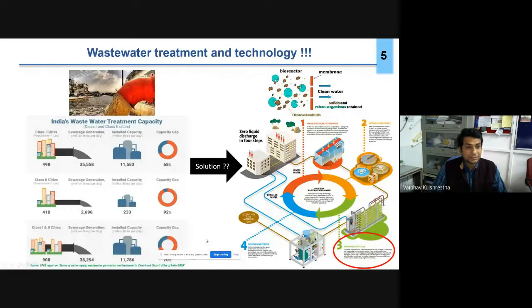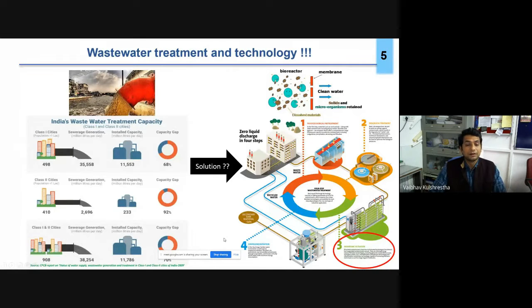From this third table, combining class 1 and class 2 cities, the sewage generation is around 38,254 gallon, where we are able to treat only 11,786.